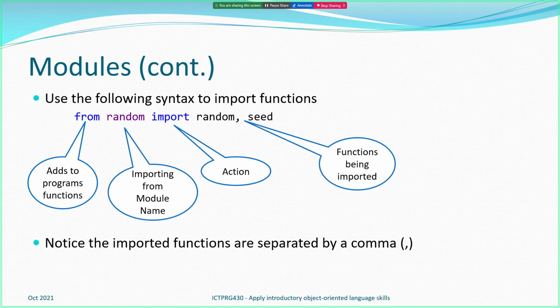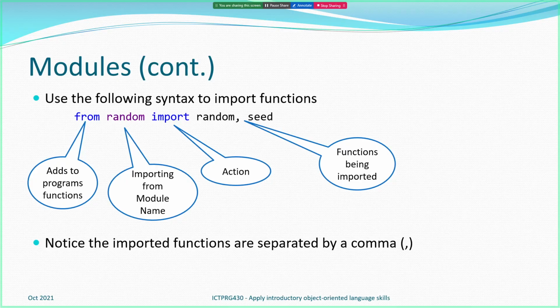Now, calling the random function in is following the same rules as importing any other module or function. So the module is random, then you need to specify the functions to be imported. In this case, we're importing random and seed from the random method.